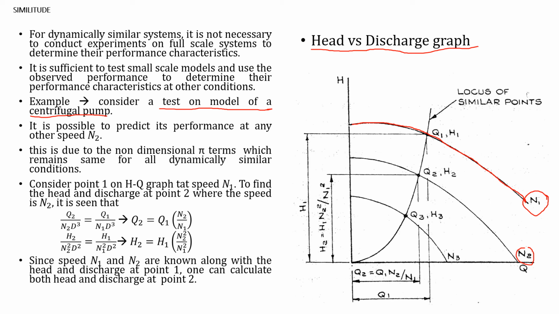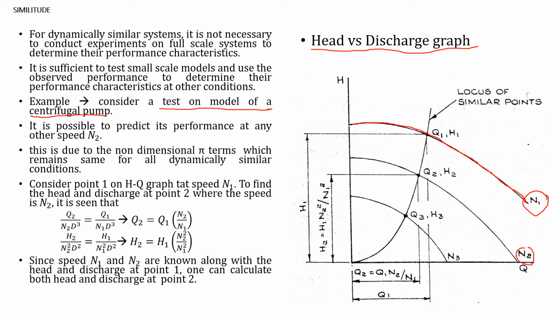How? We will see that now. So we know from the similitude, let me consider flow coefficient. I want to find the discharge and head at speed N2. So let us consider the flow coefficient.